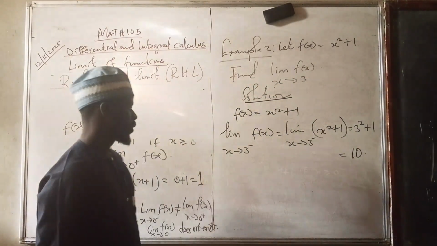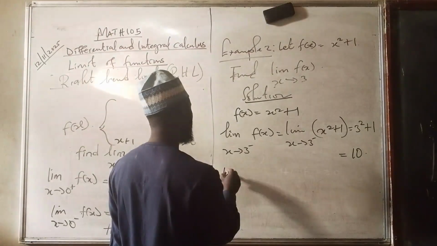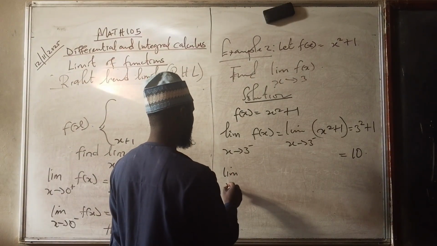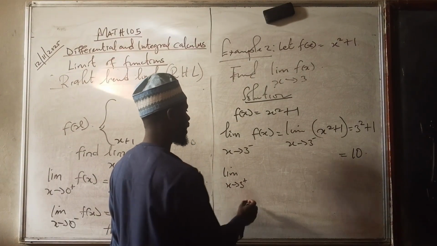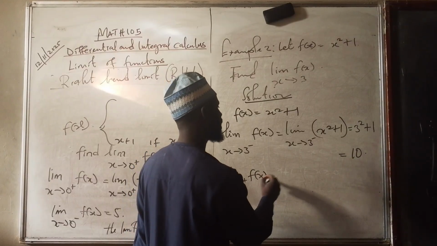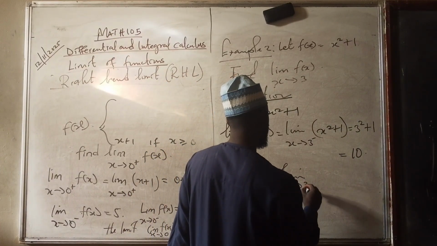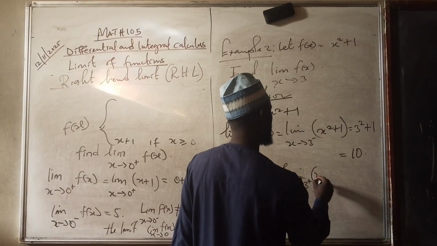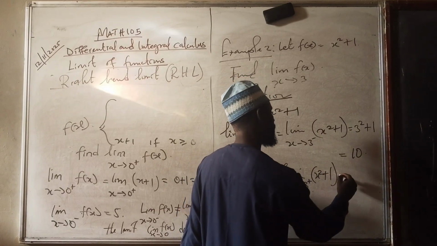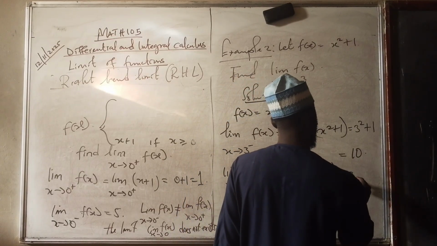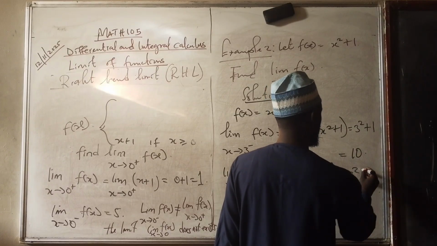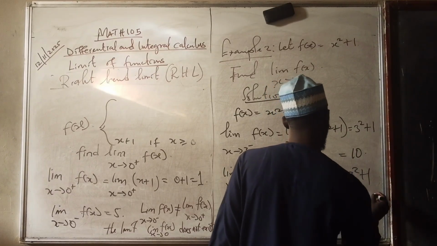Now we should also find the limit as x tends to 3 from the right of f of x. This is equal to the limit as x tends to 3 from the right of x squared plus 1, and that is equal to 3 squared plus 1, which is also equal to 10.